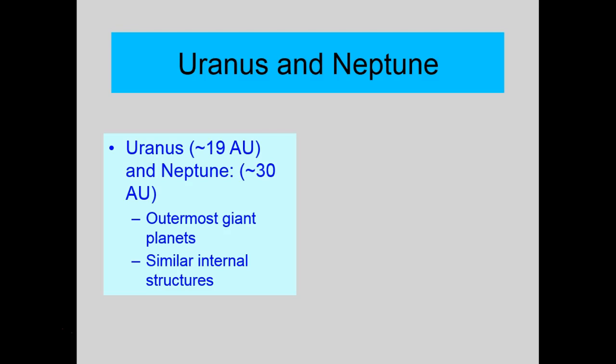If you remember, Sun to Mercury, 4/10 of the astronomical unit. 7/10 to Venus, 1 to Earth, 1.5 to Mars, then the asteroid belt is there, 5 astronomical units to Jupiter, almost twice that, 9.5 to Saturn, now to Uranus, 19.